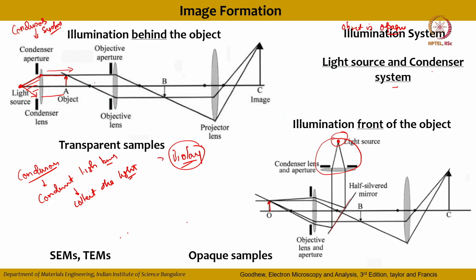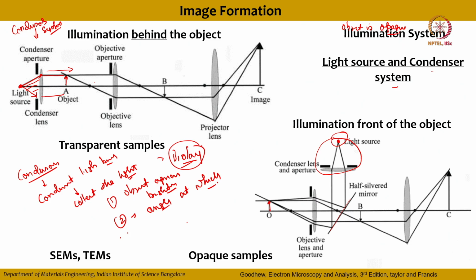And this condenser system has two main functions. One is the object appears brighter, you will improve the contrast. The second is it is used to control the angle at which the illumination arrives at the specimen. So this is the function of the condenser lens system.